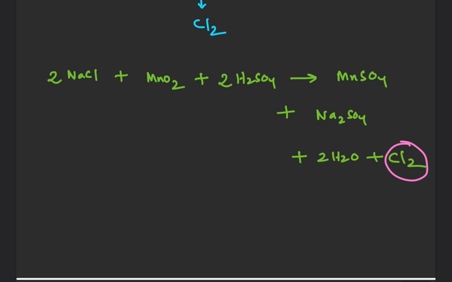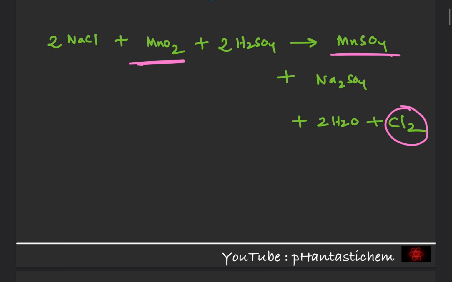Important. Now to check whether Mn, that is manganese, is oxidized or reduced, we have to calculate its oxidation state in MnO2 and MnSO4, to which it is changing. So let's assume it's X in MnO2.